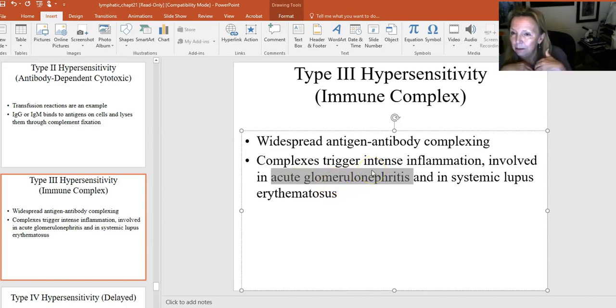It can do the same to the heart valves. So rheumatic fever damages the heart enough that the person might get through the initial bout with rheumatic fever, but it weakens the heart muscle so much and the valves that this usually leads to an early death. So rheumatic fever, acute glomerulonephritis, these are all sequelae, which means sequential things.